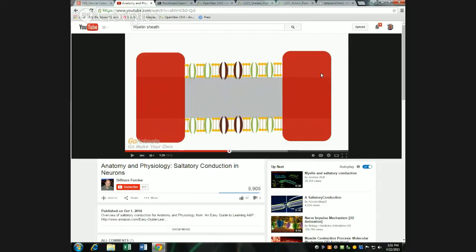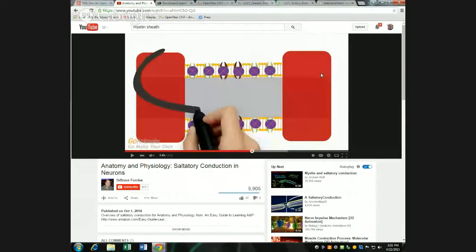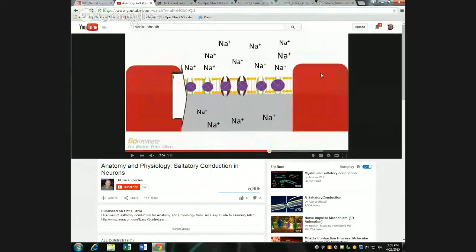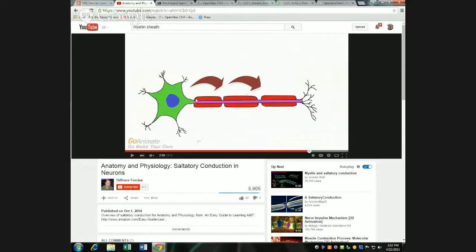And so the myelin allows the action potential to happen here, and then happen here, and then happen here, and happen here. It moves along much quicker that way.